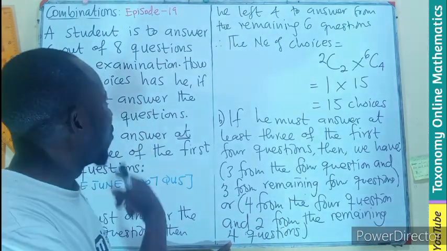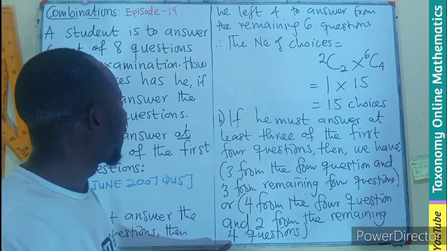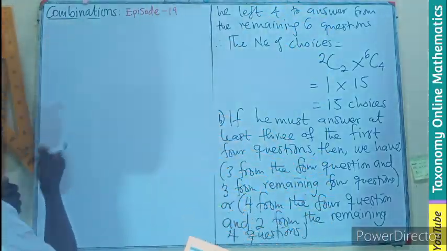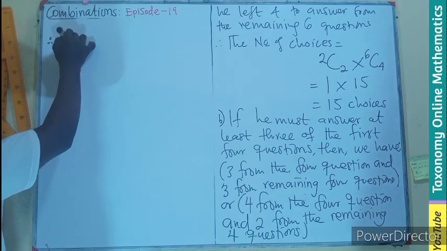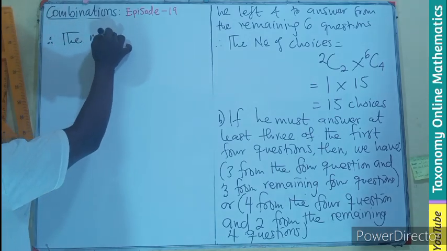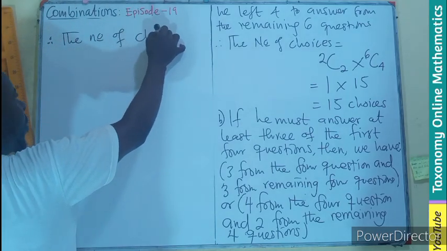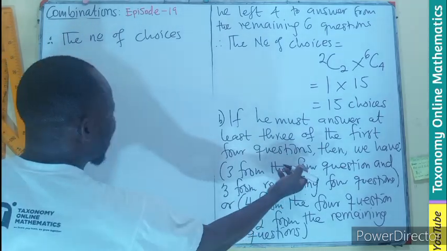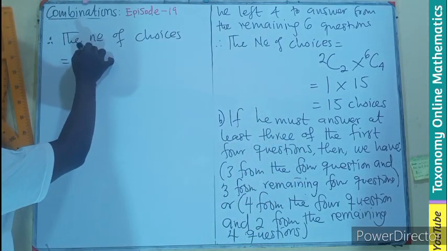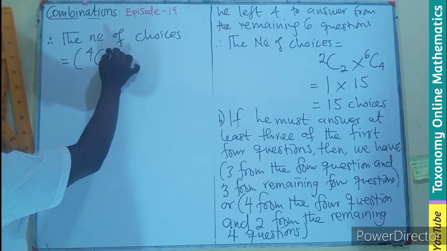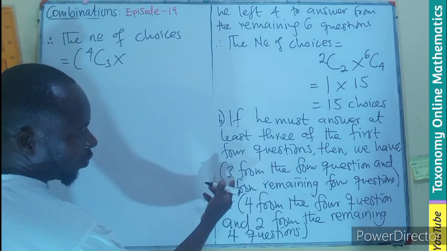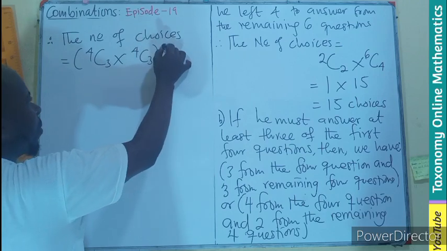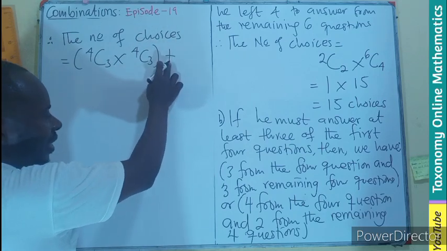4. Let's see how we can put that in terms of the formula. So here we can see that the number of choices that we are going to be picking should be equal to, coming from this side, 4 combination 3, and which side are we going? 4 again combination 3, or which is addition.